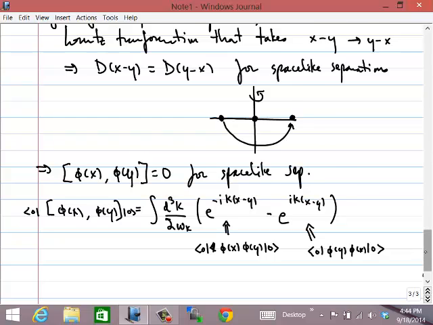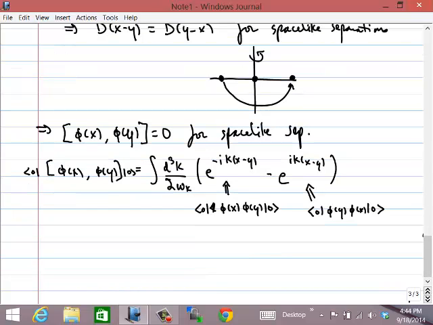So let's go ahead and compute this. And let's just consider the case where x0 is greater than y0, so x is in the future of y. So when x is in the future of y, you can go ahead and compute this.